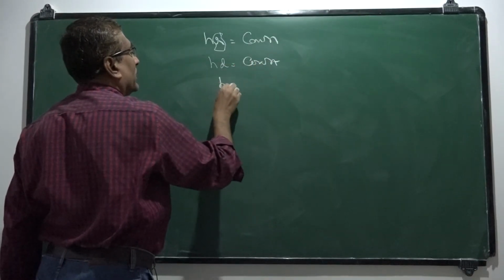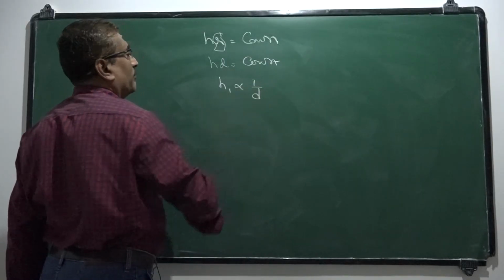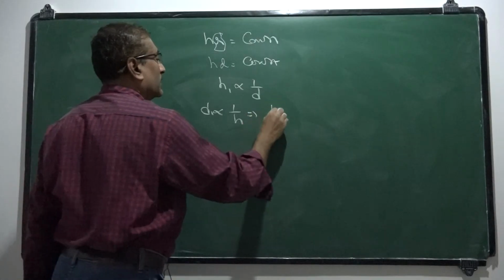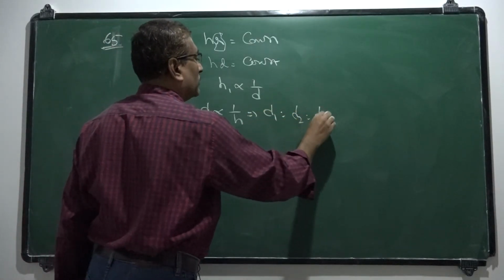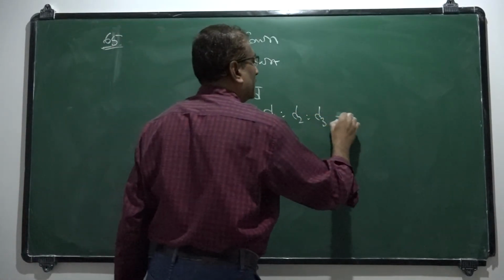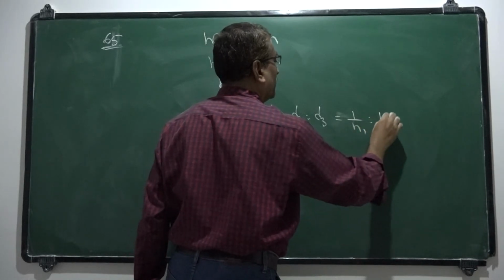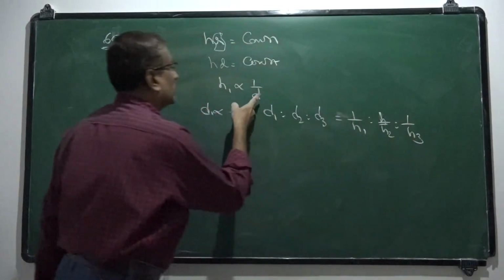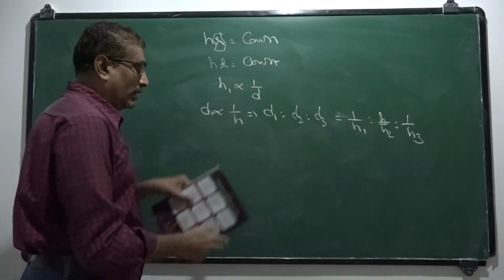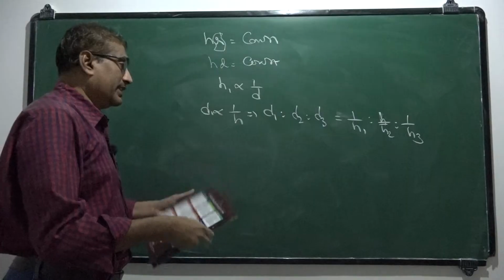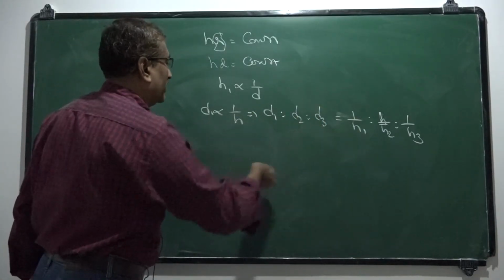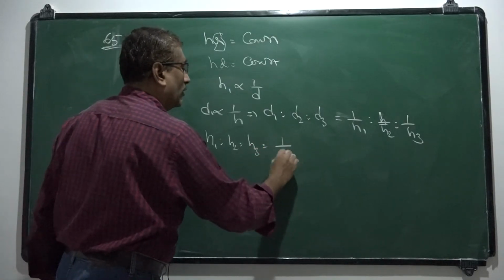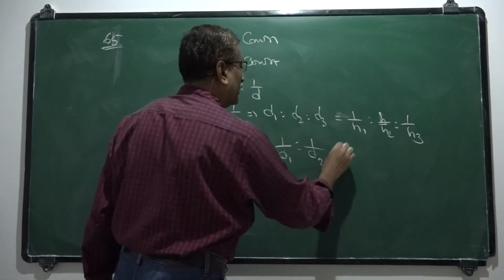So h is proportional to 1 by d, and d is proportional to 1 by h, which implies d1 is to d2 is to d3 is equal to 1 by h1 is to 1 by h2 is to 1 by h3. So here we have to find the ascents, so we have to calculate h1 is to h2 is to h3, which is equal to 1 by d1 is to 1 by d2 is to 1 by d3.